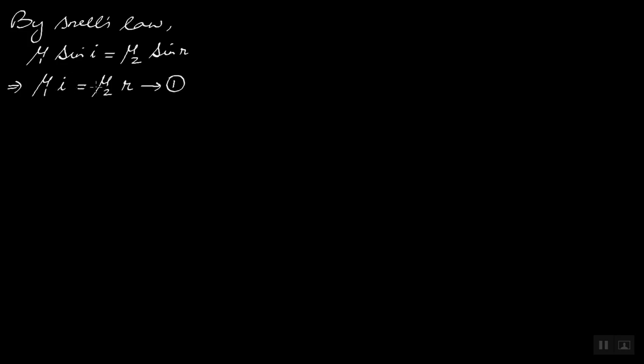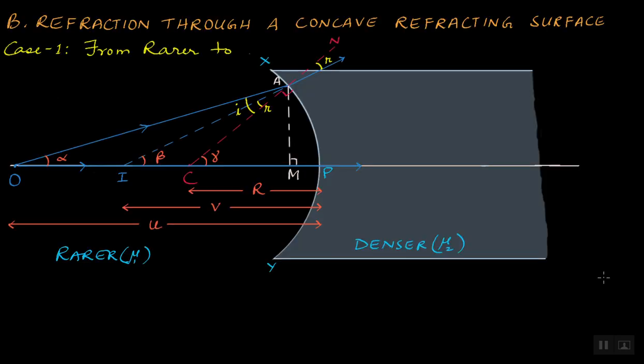Now we want to find the expression for I and r. Okay, look at this triangle out here. Which triangle? AOC. If you look at this triangle AOC, you see that I is here, alpha is here, and gamma is the external angle. So gamma here will be equal to the sum of the opposite internal angles.